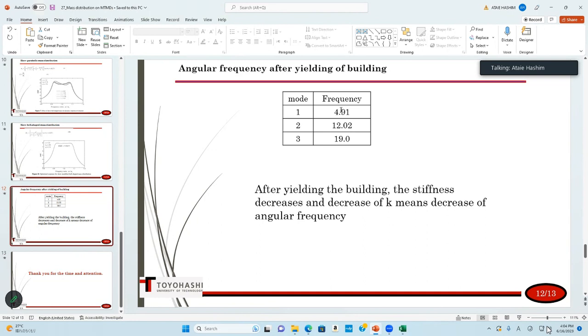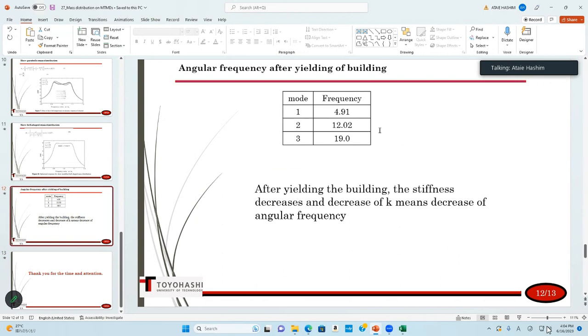If we can design another TMD whose frequency is smaller than the fundamental frequency of the structure, maybe it will work after yielding of the building, because in this case we widen the range of frequency.